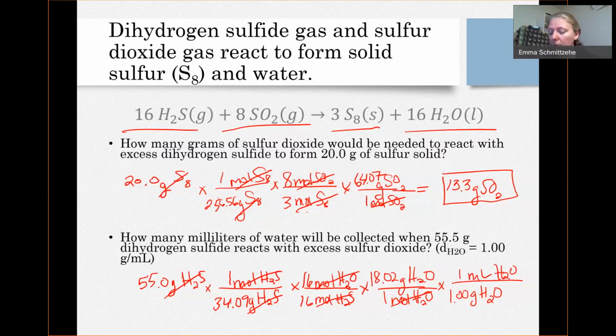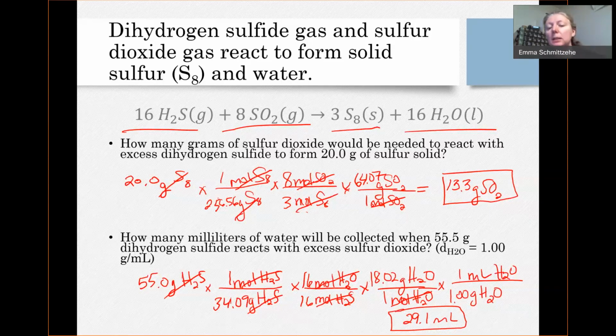And then you multiply by 18.02, and then you can multiply and divide by 1 all you want, and it won't change it, but then we get our answer, and that comes out to 29.1 milliliters. Because my density is 3 sig figs and my starting mass was 3 sig figs. So that's my fewest in the calculation.